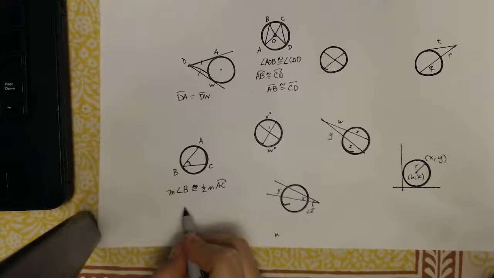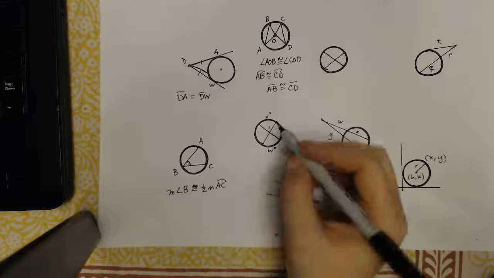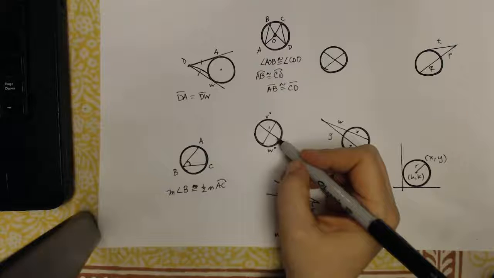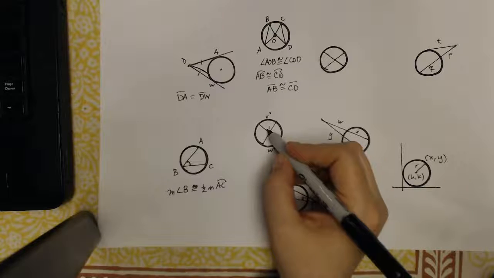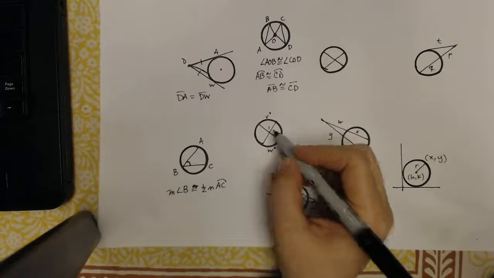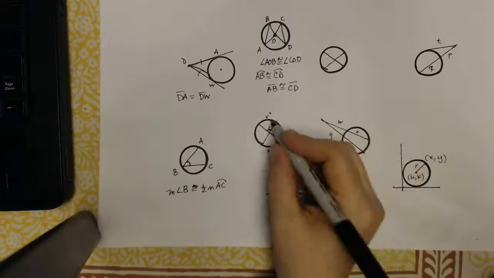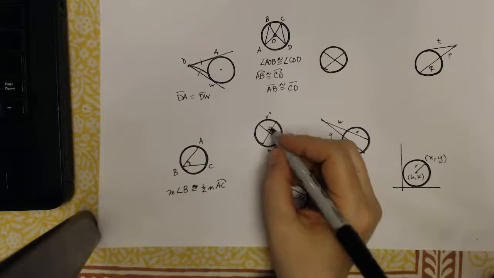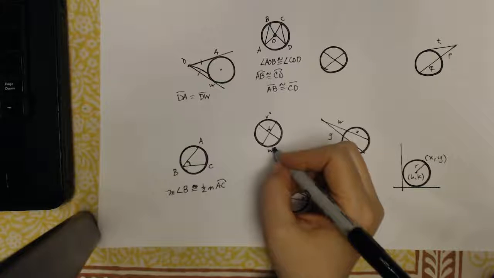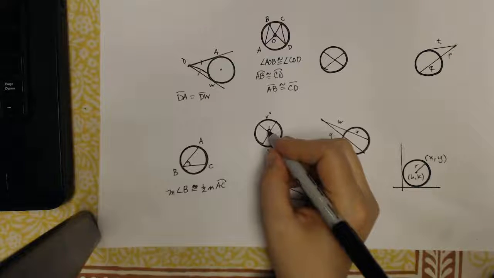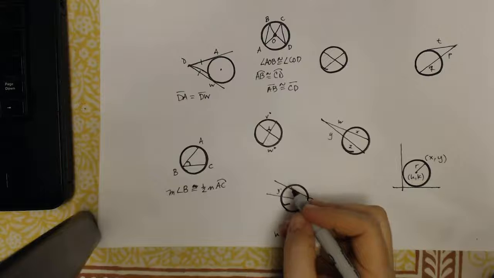So moving on to the next one that you should realize, if we have two chords that intersect here, to get the measure of this angle here, what you'll actually do is take the sum of the two arc lengths, add them together, and divide by 2. So essentially you're finding the mean of the arcs, and that will be the same as the measure of angle 1.